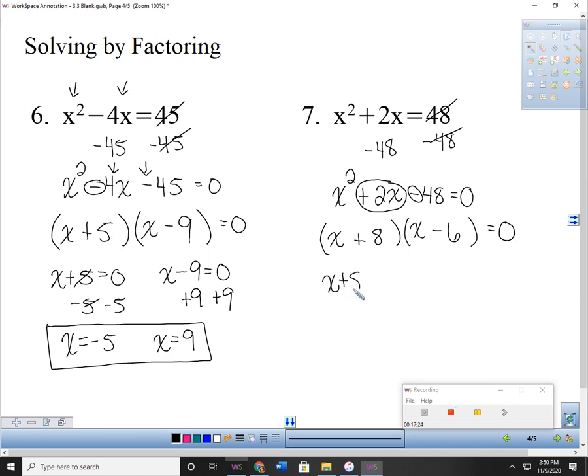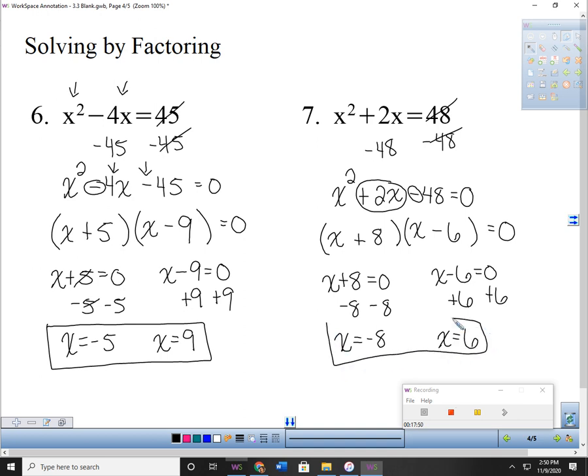So x plus 8 equals 0. x minus 6 equals 0. So I end up with negative 8 and positive 6. And again, I should have two answers on everything, right?